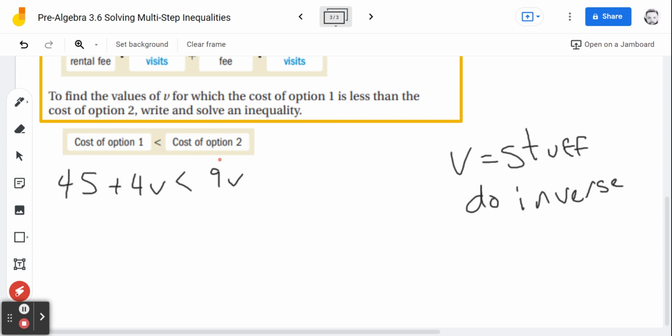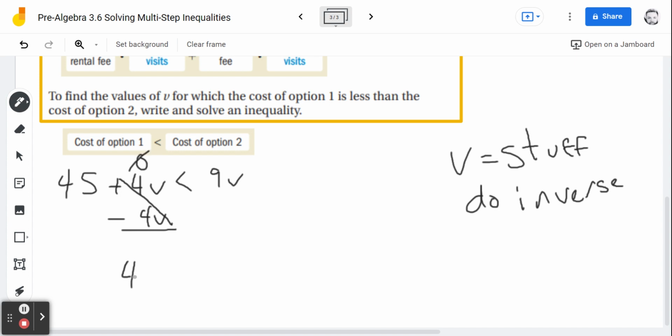Whenever you're moving a variable to the opposite side of the symbol, whether it's an equal sign or inequality, you want to move the least valued one. Normally we would divide by 4, but that just moves the 4. I want to move the whole thing. Well, the whole thing is adding, so the inverse is minus 4V. And if you think about that for a second, when I subtract 4V from both sides, that equals 0.